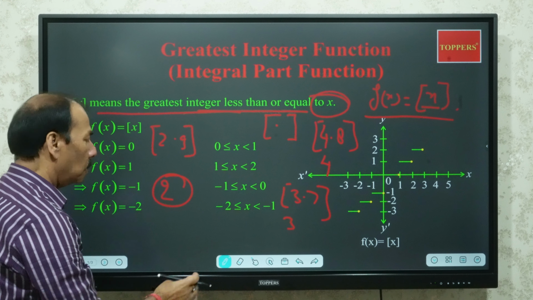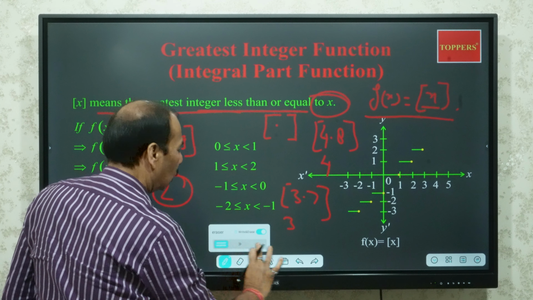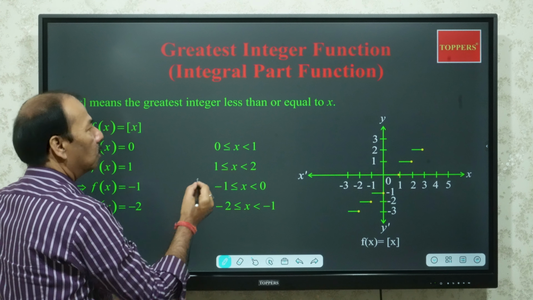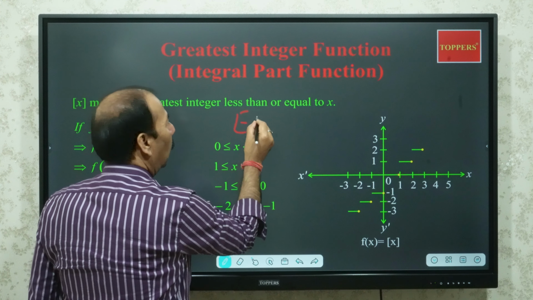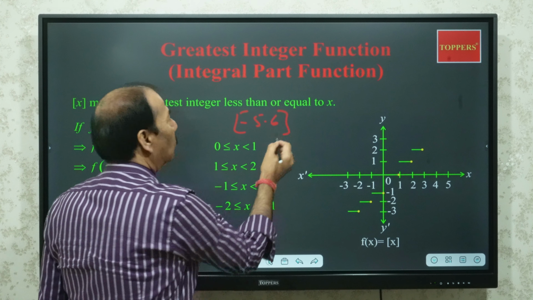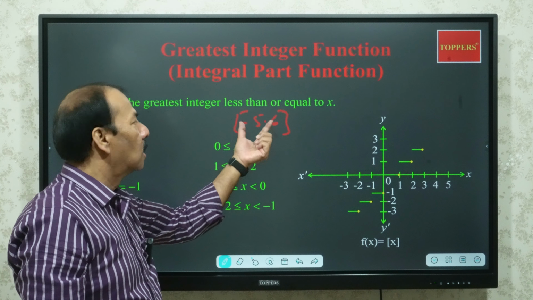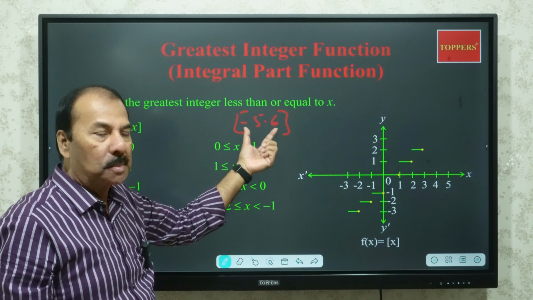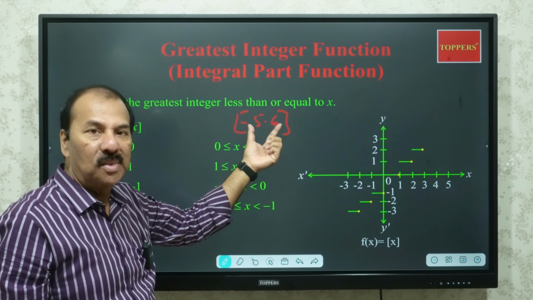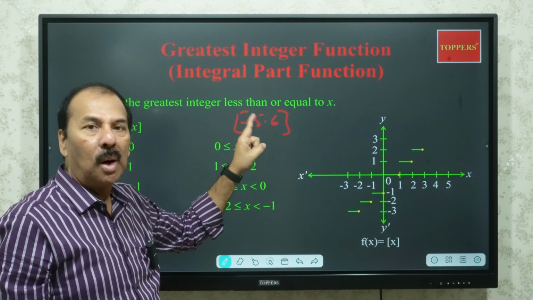We can take some negative quantities also. Let us say integral of minus 5.6. The nearest integers to minus 5.6 are minus 5 and minus 6.